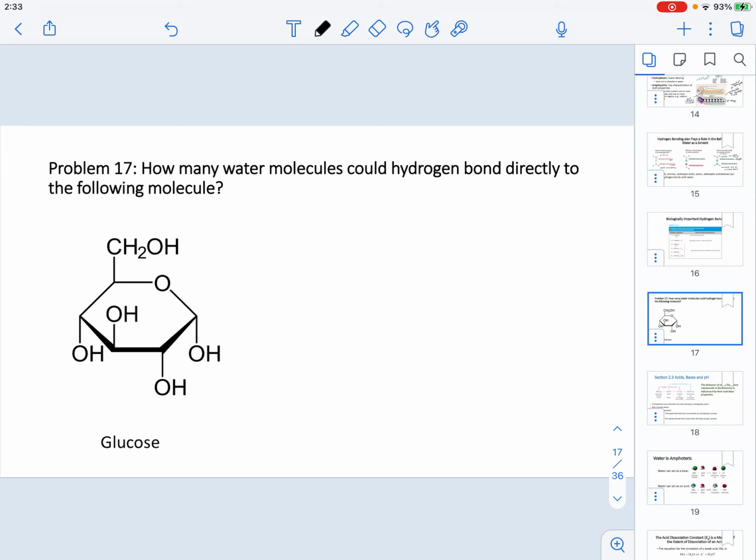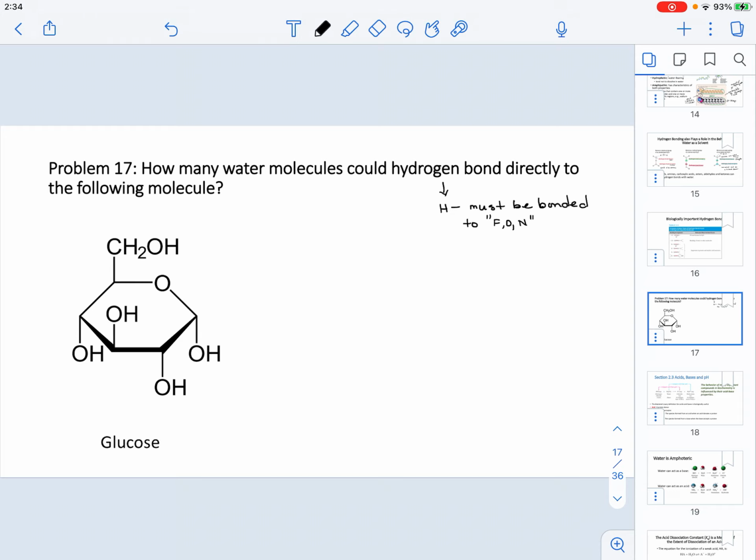In order to do these problems, remember that you have to apply the rules for the functional groups given in previous slides. But here specifically, what I want you to think about is that in order for hydrogen bonds to occur, we need to have a hydrogen bonded to either fluorine, oxygen, or nitrogen.